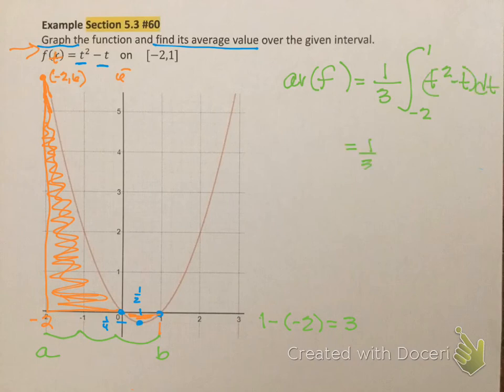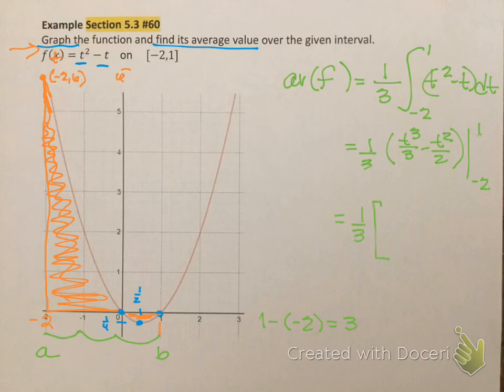So my average value will be, when I integrate, t cubed over 3 minus t squared over 2 from negative 2 to 1.